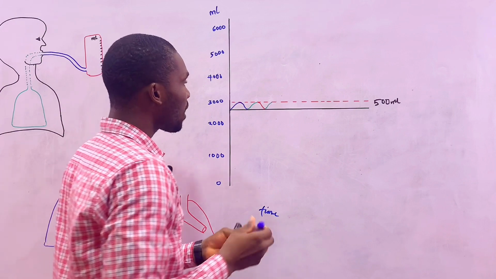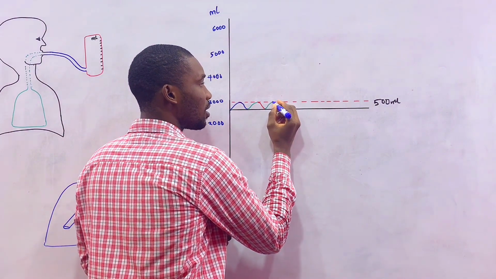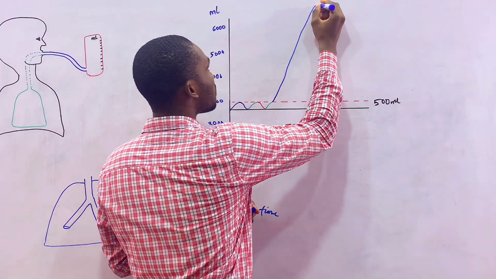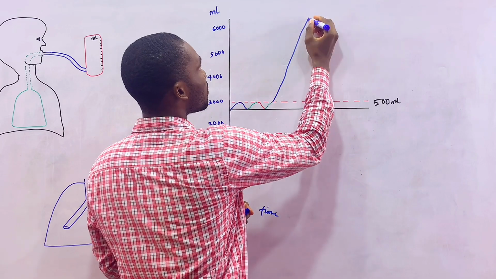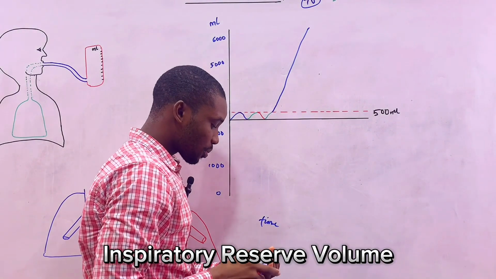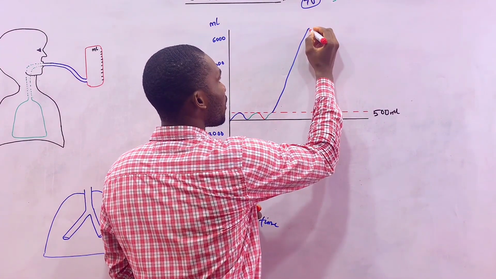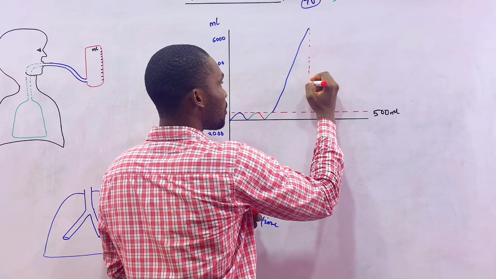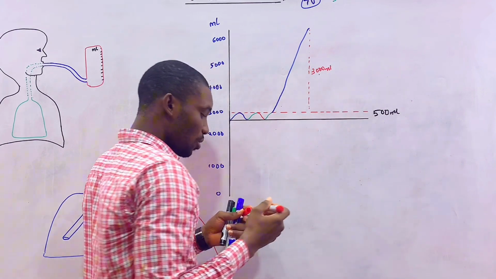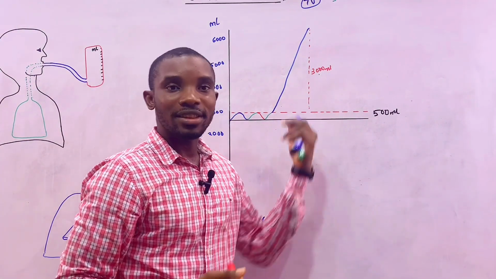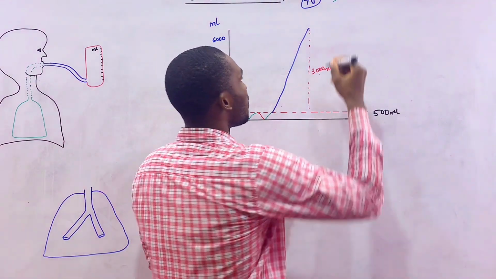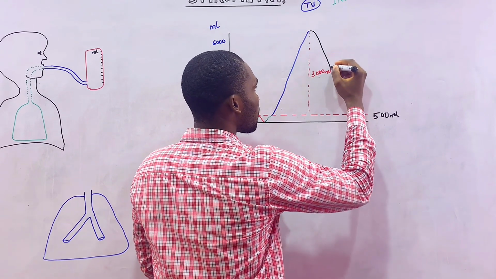From the end of the tidal volume to here, that's your inspiratory reserve volume. From here down is about 3,000 mils. So your inspiratory reserve volume is about 3,000 mils.